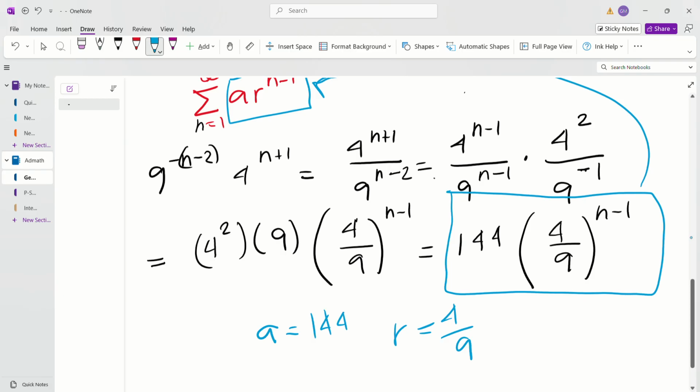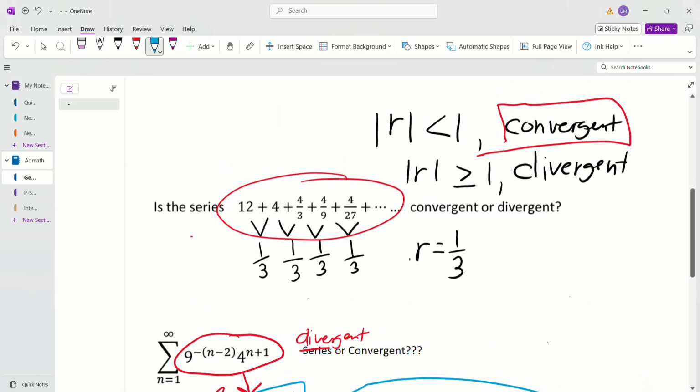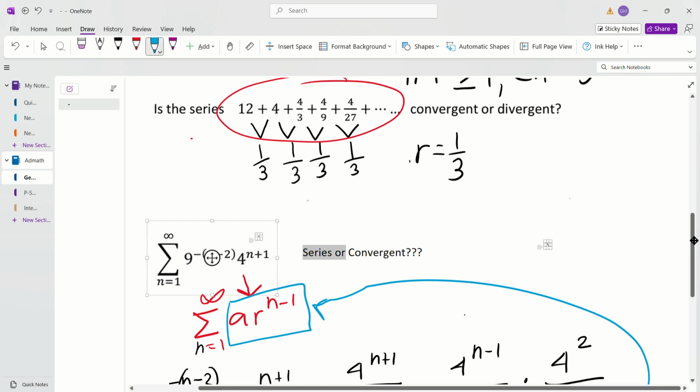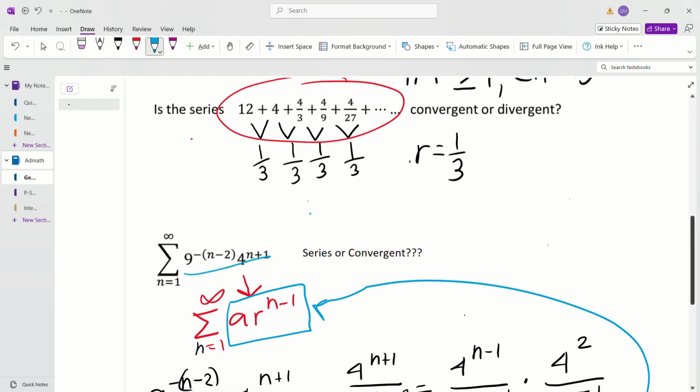Since we already know the condition, we know that the value of r is less than 1. Therefore, this following series is convergent. It is a convergent series.